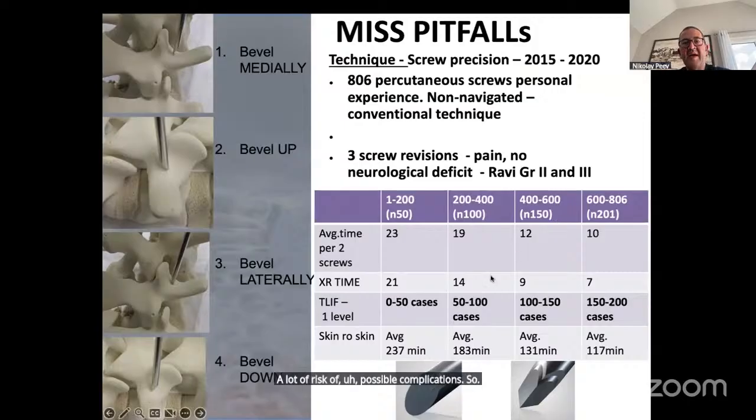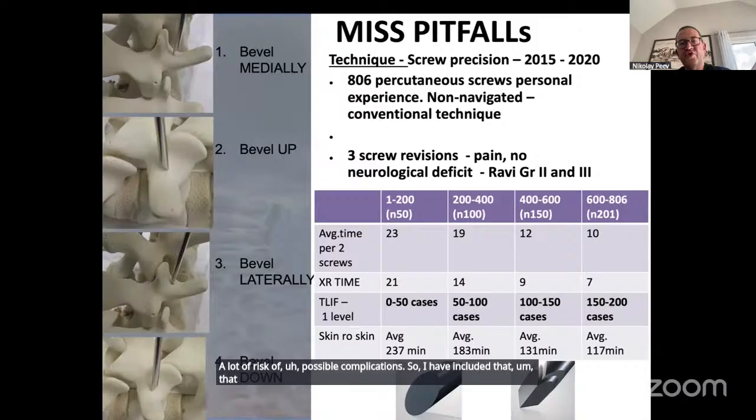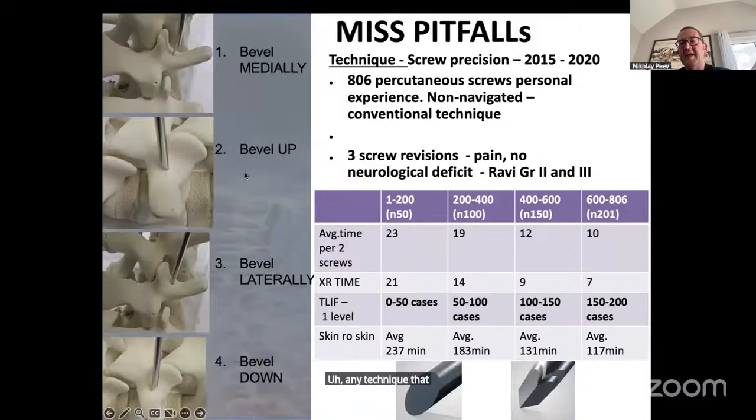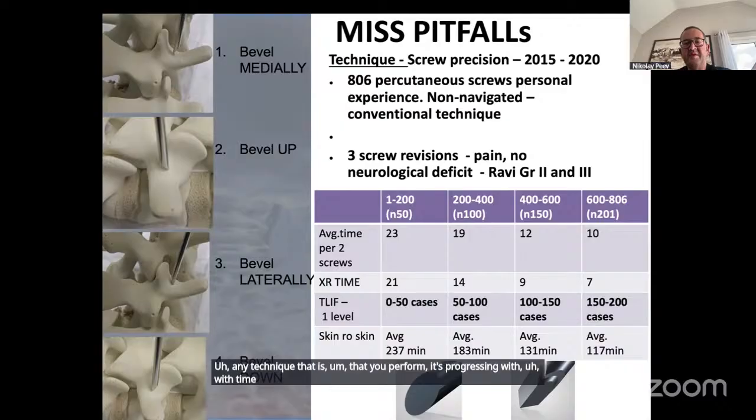I have included this slide just to show you how any technique that you perform progresses with time. When you get better, you understand the technique better, you get faster and slicker.